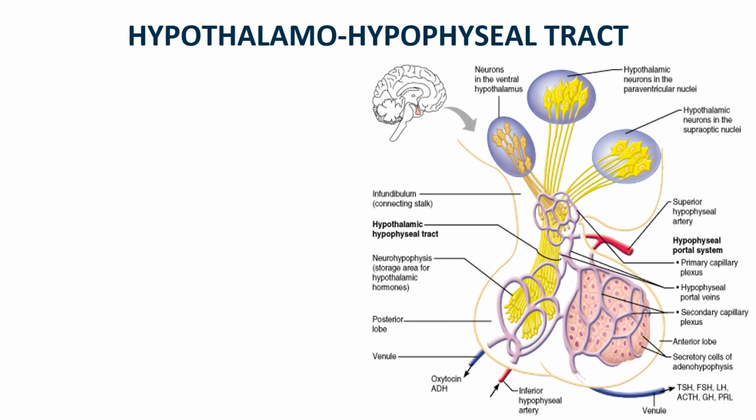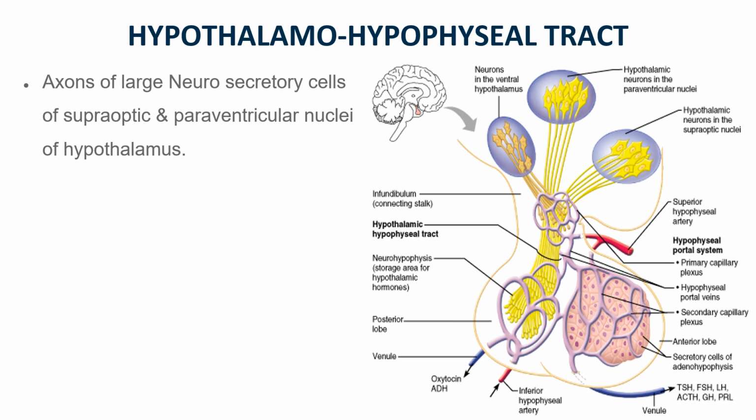The hypothalamo-hypophyseal tract is composed of axons of large neurosecretory cells of the supraoptic and paraventricular nuclei of the hypothalamus. These fibers pass through the infundibular stem into the neurohypophysis and form a series of dilated terminals, which are called the Herring bodies.